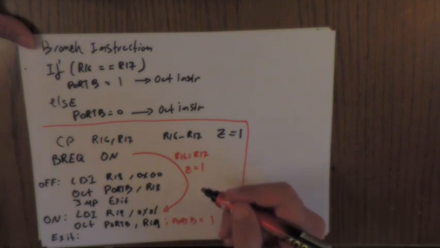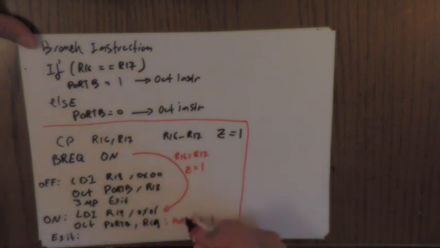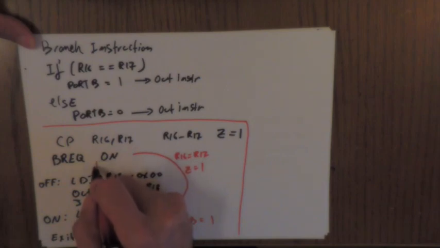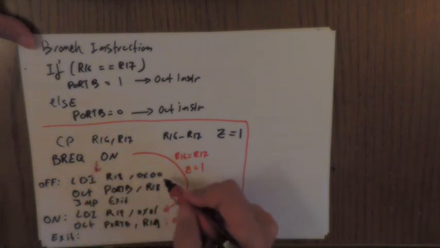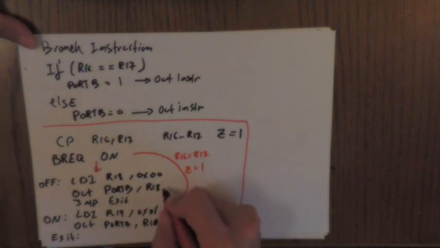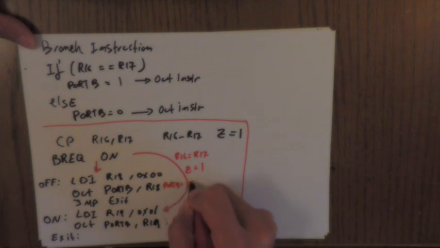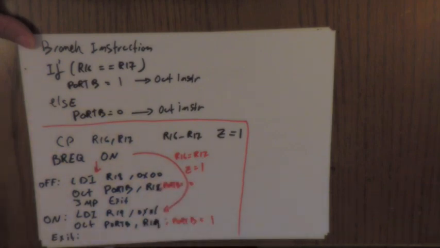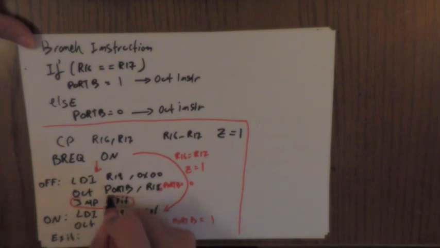Now, if this was not the case, no branching will take place. We go here, we place 0 in R18, and then port B here will be equal to 0. Now this jump exit is very important.